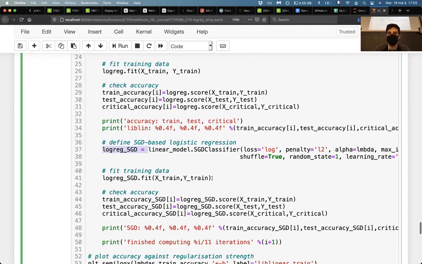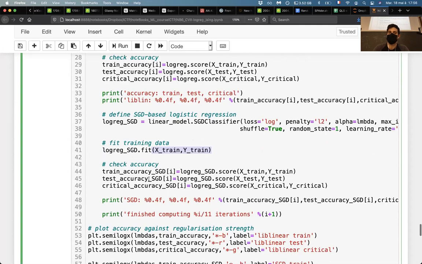So I'm fitting in both cases. For example, in SGD here, I'm fitting the model using the training data, and I will track the accuracy of my model on the test data, which is here. And also I will see what it gives on the critical samples that I didn't use for the learning.